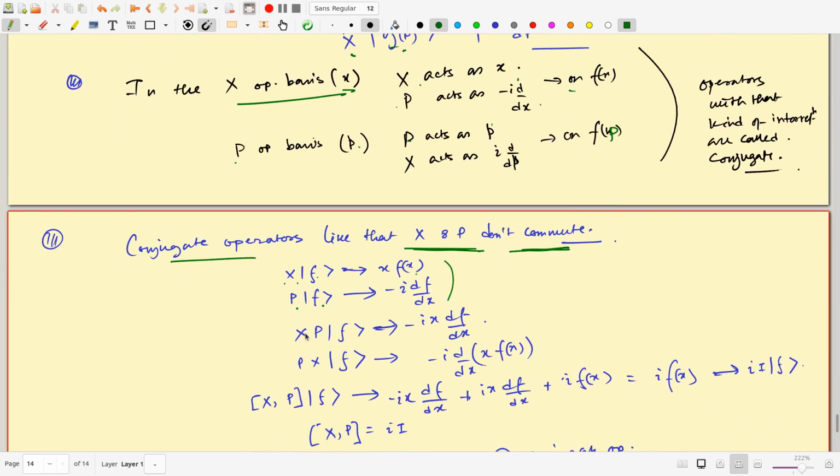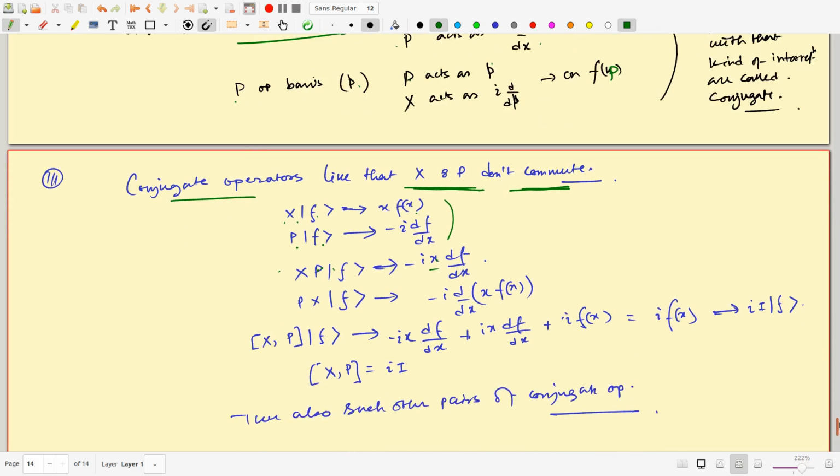Similarly, if I first act p, it gives me minus i df/dx, and then x just multiplies by the number x, because df/dx is just another arbitrary function, so its job is only to multiply an x in front of that function and nothing else.